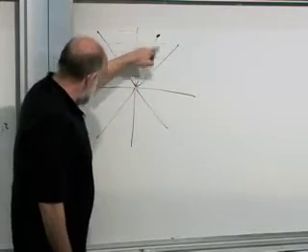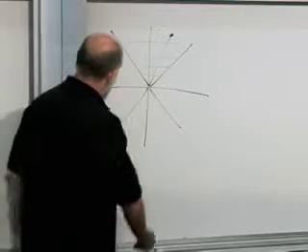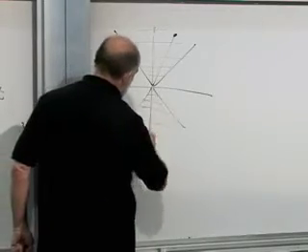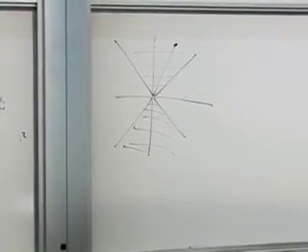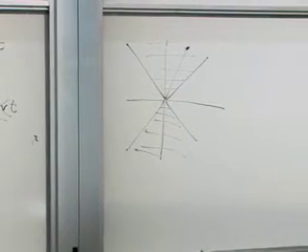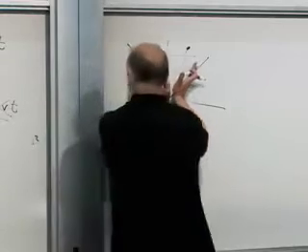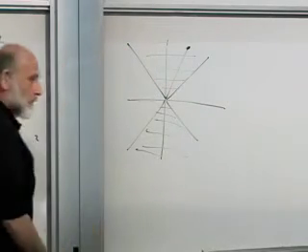T squared is larger than x squared, all in here. But let's in particular stay in the upper half space here. T squared is bigger than x squared if you're within this wedge. Okay. The wedge is the light cone.